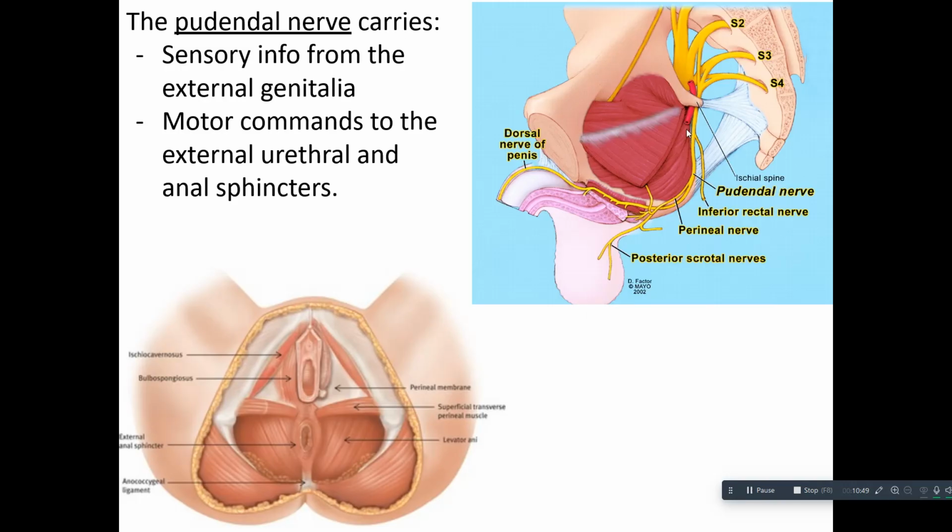All right, we see the pudendal nerve right there going towards the sphincter muscle, going to the testes and to the scrotum and to the penis. See the external anal sphincter here. All these things are controlled by the pudendal nerve.